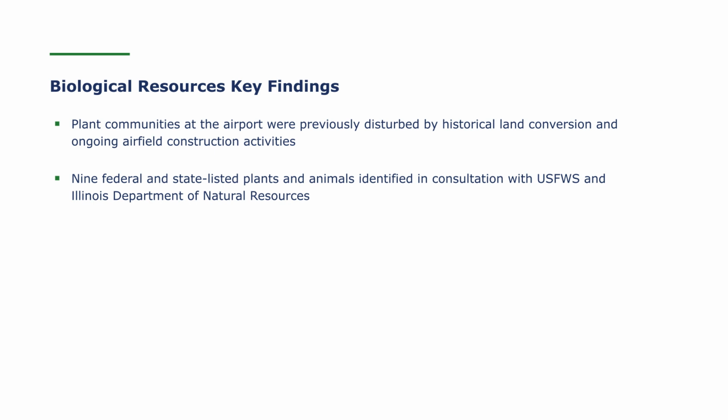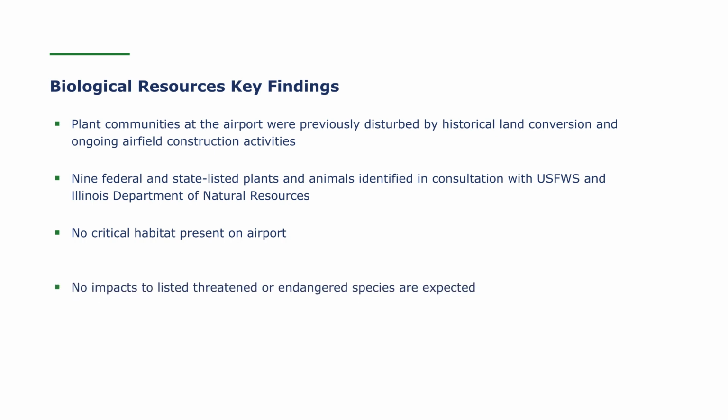However, the airport and its surrounding environs are entirely urbanized, and historic land conversions and ongoing construction disturbances limit suitable habitat for most species. As such, there is no critical habitat present on the airport and no impacts to threatened or endangered species from the proposed action alternative are expected.